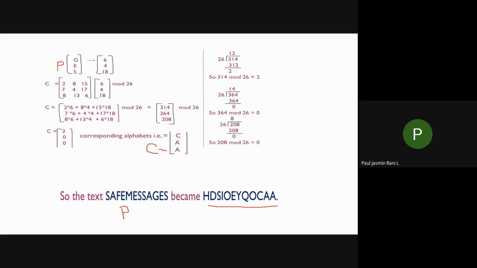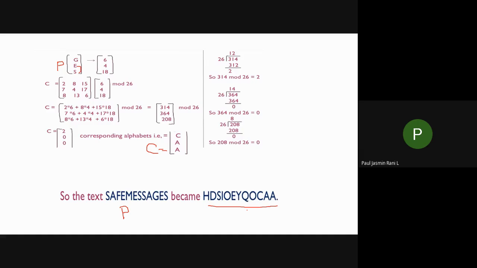See here, you are getting two A's for different alphabets E and S. So this is the advantage of using the Hill cipher. You cannot predict it easily, and you cannot attack the ciphertext using a brute force attack or some other attacks.